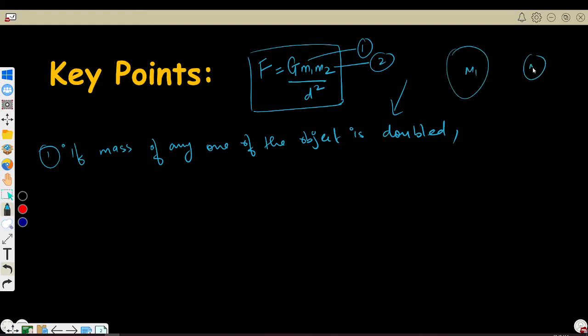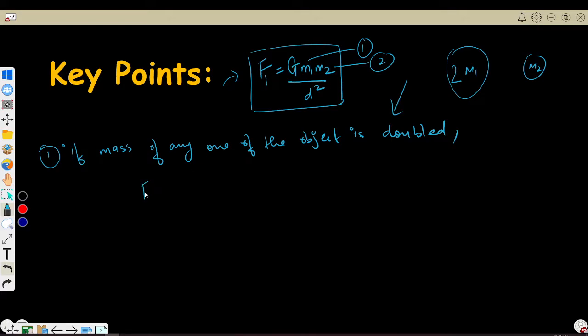First is m1 and the second is m2. Initially the masses are m1 and m2, but if I increase the mass of any one of the objects such that the new mass is twice the initial mass. For example, if I say the mass of the first object is now 2m1. So what will happen to this? Let's say for the formula that we have written, I mark this as F1 which represents the initial force.